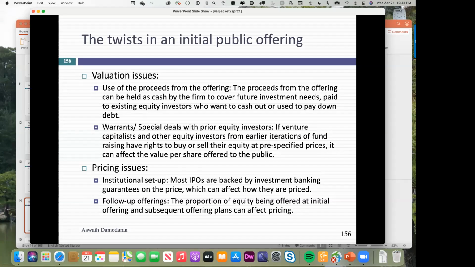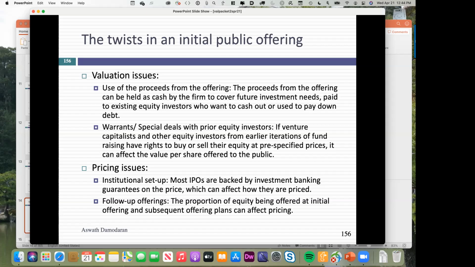And on top of that, you have options and warrants and all kinds of crazy stuff you've built up as a private company. When you want to value this company for an IPO, you've got to tell me what you're doing with all of that. In some cases, it might go away because it gets converted to shares. In some cases, it will hang in there. Warrants and options will stay on as warrants and options. You've got to deal with that to come up with the value per share.